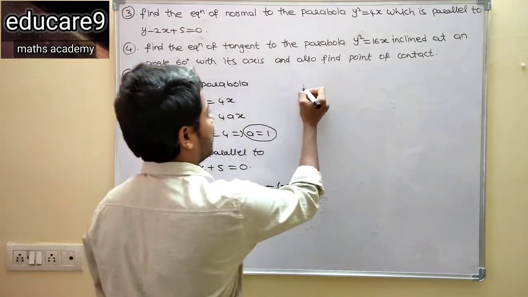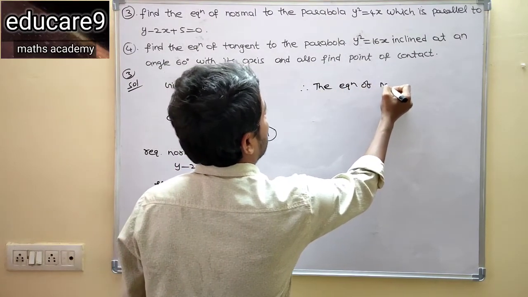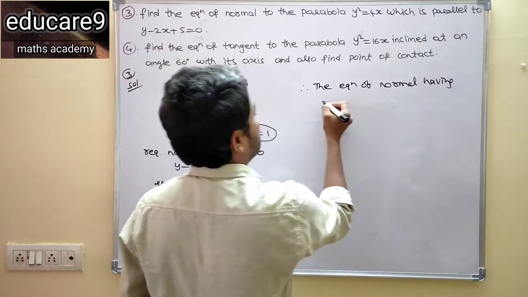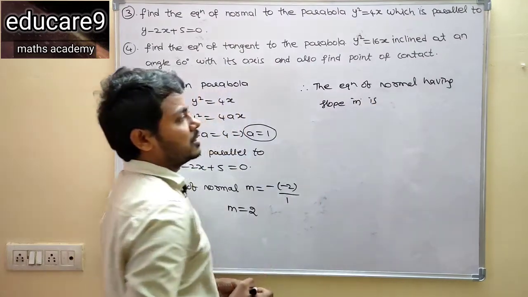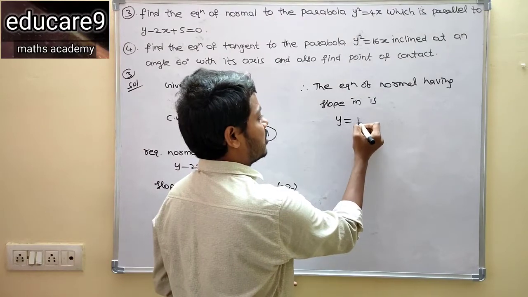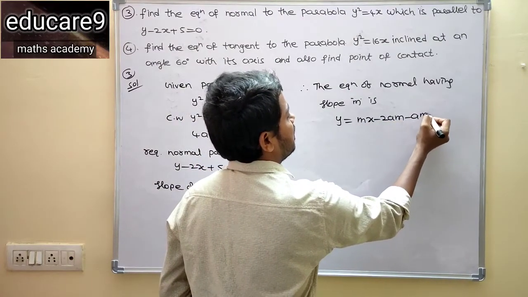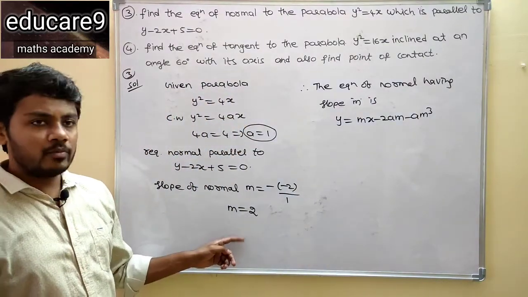So therefore the equation of the normal having slope m. Okay, so what is the equation of the normal having slope m? That is y is equal to mx minus 2am minus am cube. Now what is the value of m? 2.